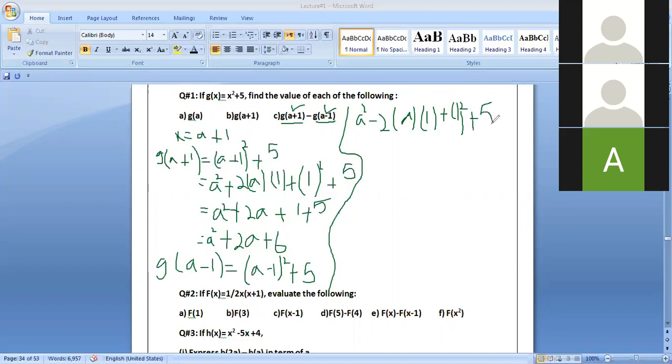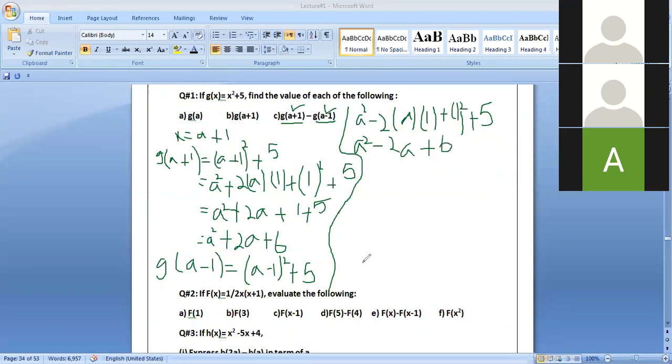Okay, there is a difference of only the minus sign. In the plus form we have a plus here, and in the minus form we have a minus sign with 2ab. So the answer we will have is a square minus 2a, 1 times 2a, and 1 square is 1, and 1 plus 5 becomes 6.